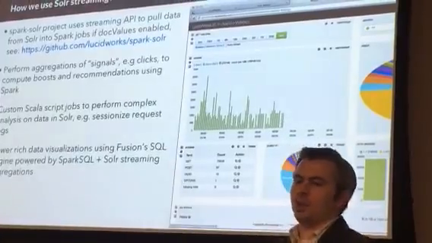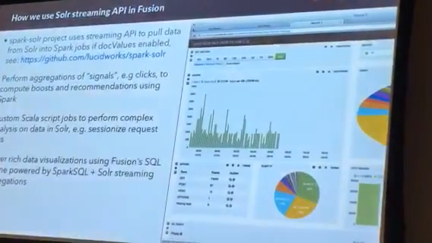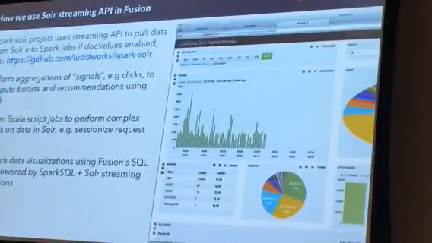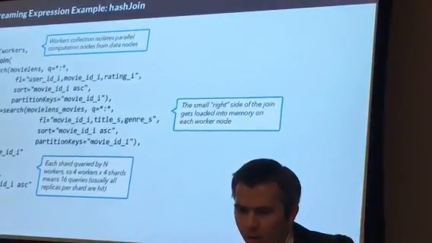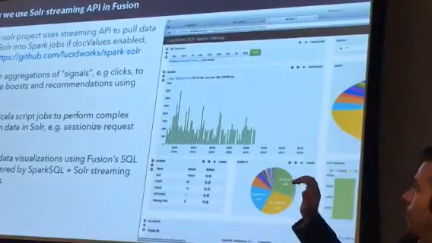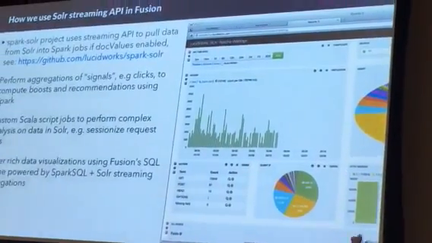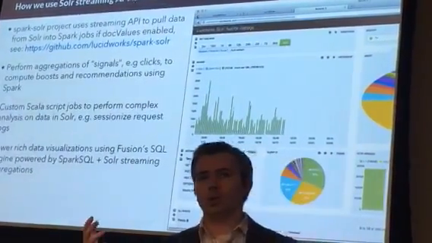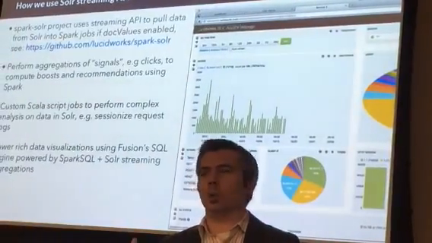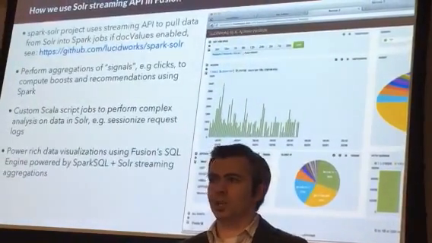How do we use the streaming API in Fusion? Leveraging Solr. I skipped a slide. That's not important. So we have the Spark Solr project, which is open source. If you just want to leverage Solr as an RDD for Spark, and not use Fusion, you can download the Spark Solr project.